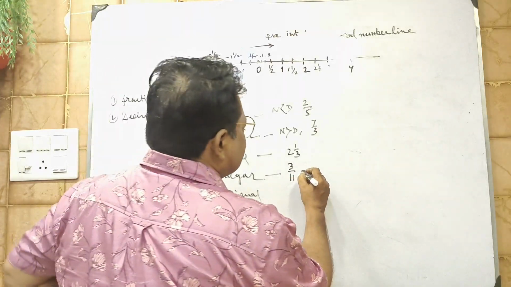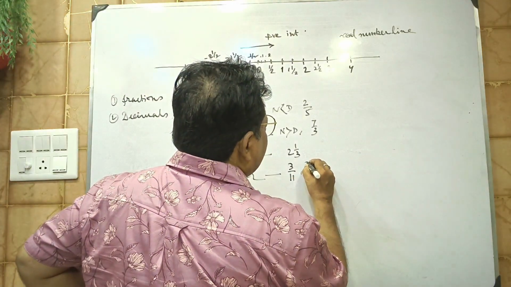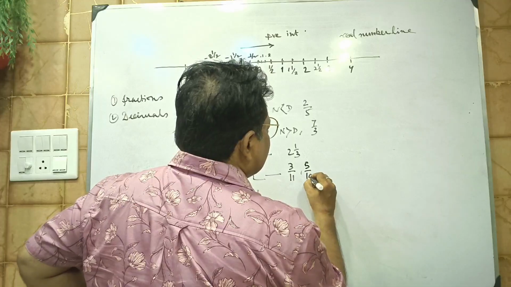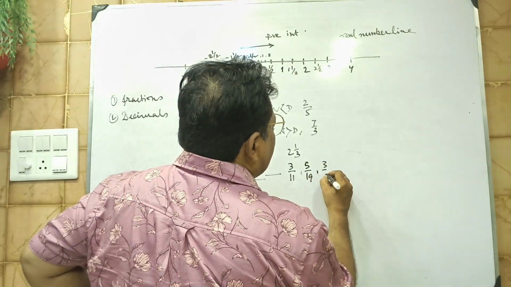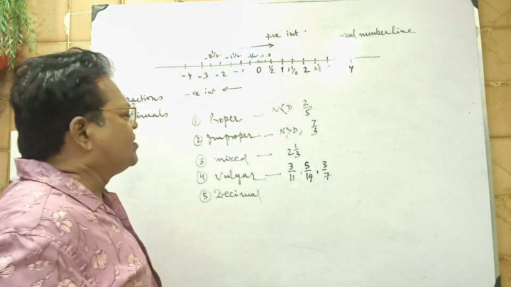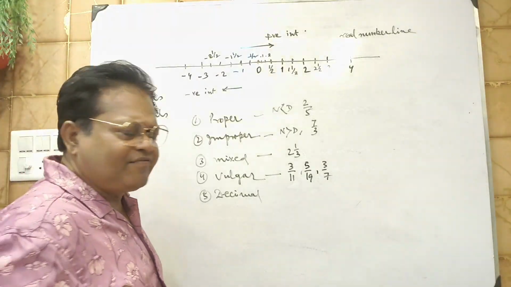So these types of numbers, as for example 5 by 19, 3 by 7, are called vulgar fractions.